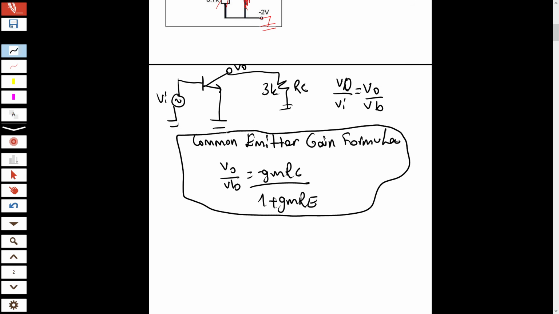But in this question there is no emitter resistance, so RE is 0. This term cancels. So in this question, gain equals minus gm times RC. RC is what is at the output, and in this case it is 3K. So V output over VI is minus 80 millisiemens times 3K, which is approximately minus 240.